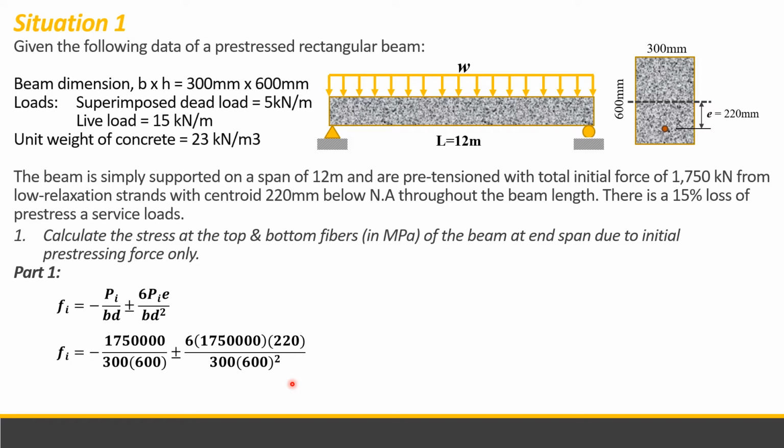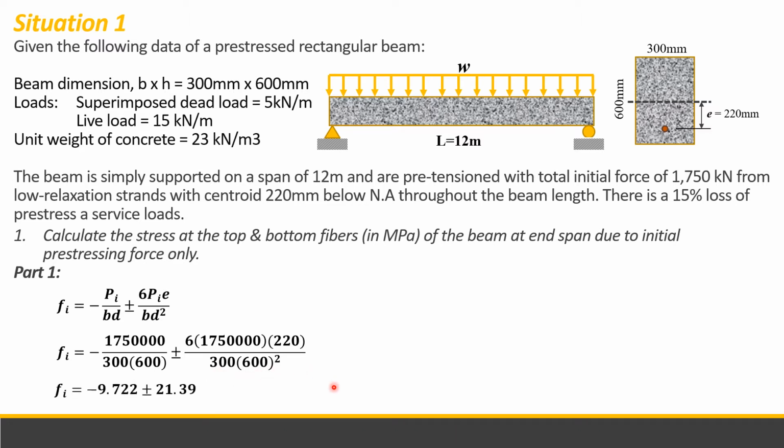So we have 1,750 kilonewton, which is 1,750,000 Newton, over 300 mm by 600 mm, plus minus 6 times P, 1,750,000, times 220, our eccentricity. So we just input the values, over 300 times 600 squared.